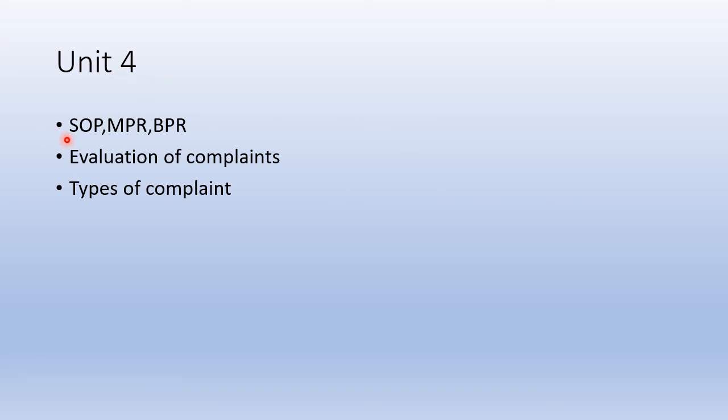Unit 4 consists of SOP, that is the standard operating procedure. SOP is for everything. Even for writing a SOP, there is another SOP that is called the master SOP. There are SOPs on cleanliness, SOPs on environment, SOPs of equipments, SOPs of cleaning, SOPs of handling the materials, everything.